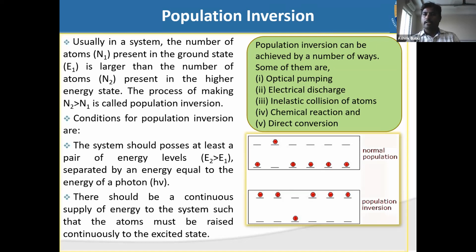Inelastic collision of atoms is used in the semiconductor laser. Chemical reaction and direct conversion are other types of pumping mechanisms. Optical pumping is one example, used in the ruby laser.